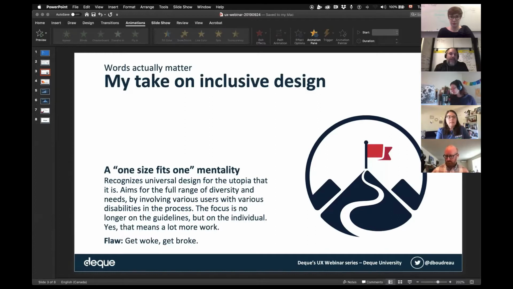If the biggest flaw of universal design was the idea that the site actually won't work for everyone in every single situation, the flaw when it comes to inclusive design could be summarized by "get woke, get broke." If you agree to this and you start working way beyond what WCAG requires, it's actually going to cost you a lot more in terms of effort and money and everything else.